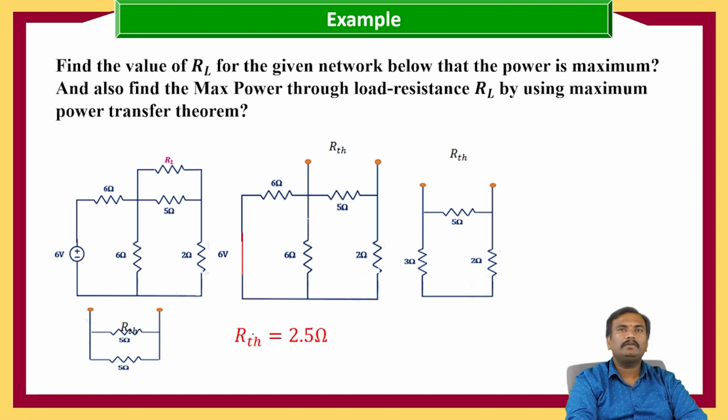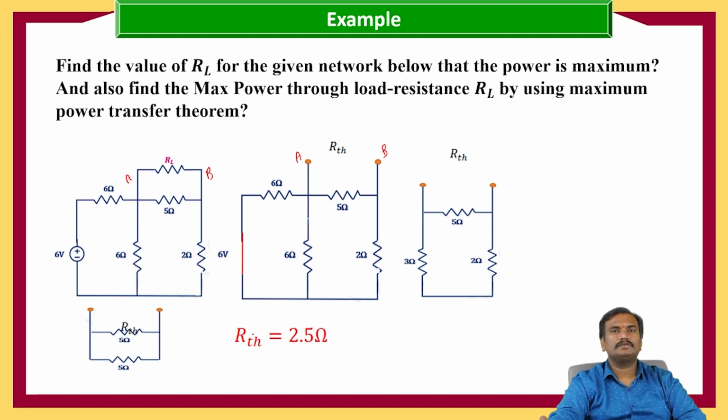For that we need to convert our circuit into a Thevenin equivalent between these two terminals, let us consider them as A and B. First let us calculate the R_TH. After that we'll go with the open circuit voltage. For calculating the R_TH, we need to make the source voltages 0.